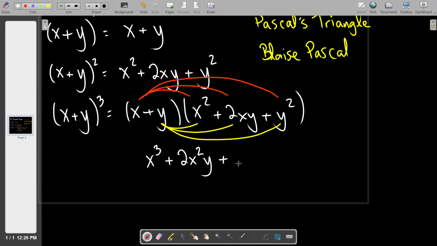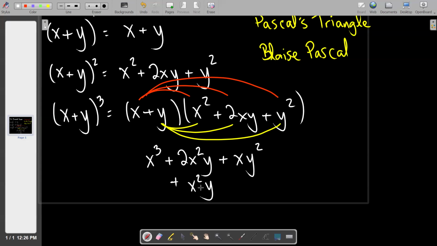So plus xy squared. Make sure you give me a verb before you give me the term, okay? Plus or minus. Let's do the yellow terms. What's the first yellow answer going to be? Plus x squared y. Notice that I'm writing it below the other one because I know that those are going to wind up being like terms.